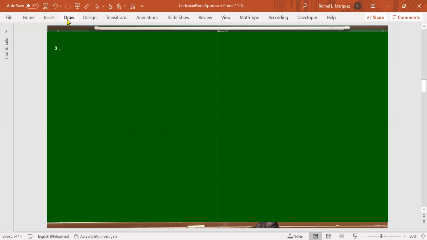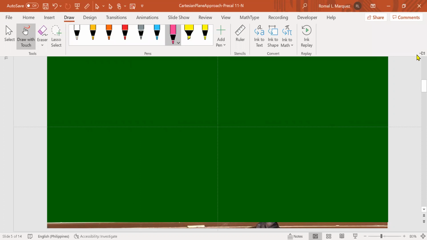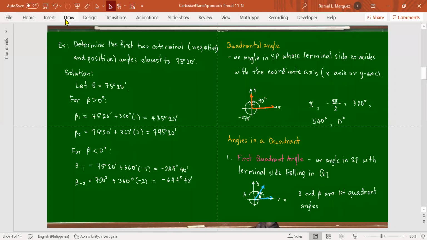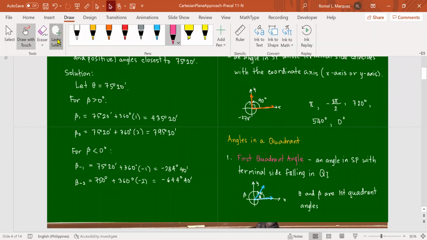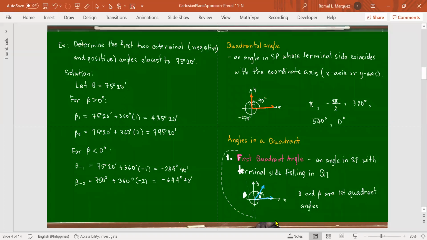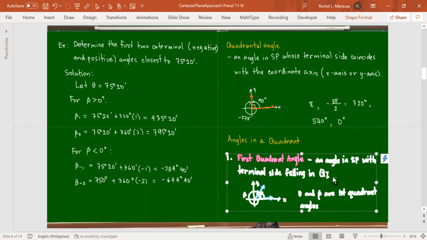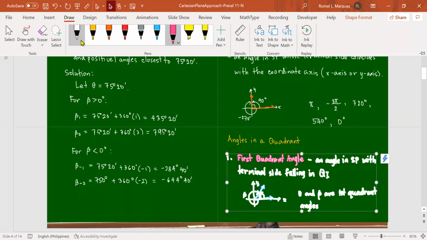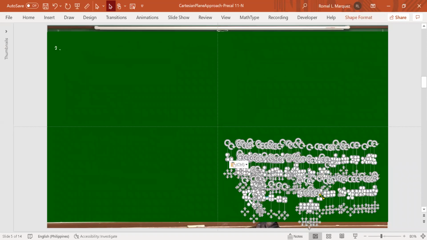It's still the same, of course. We just copy this. Let's copy, lasso, copy all these things, and then in the second quadrant, I mean the next slide, copy paste.